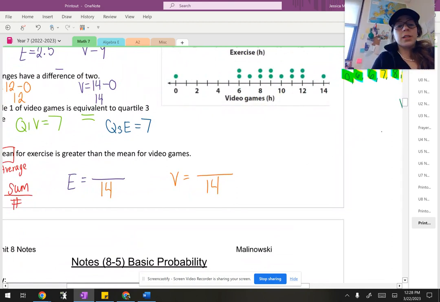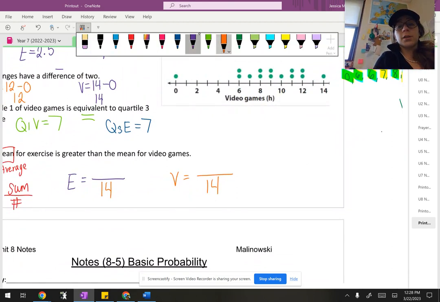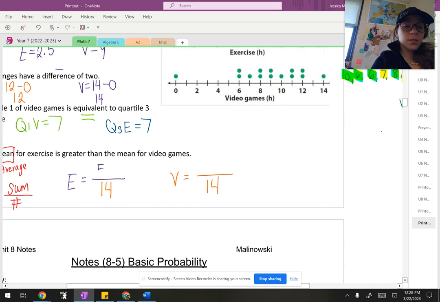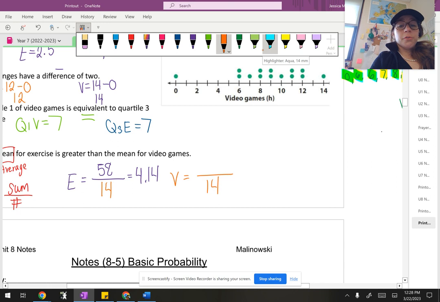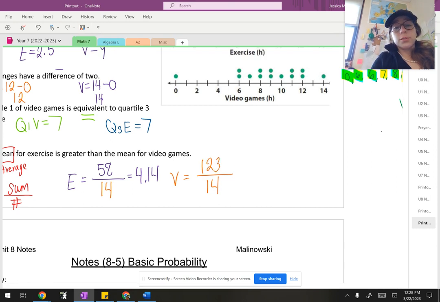I will save you the time of doing all that by hand, and I will let you know that the exercise totals to be 58, which when you divide that gives you 4.14. And your video games is 123 divided by 14, which turns into 8.79 when you round.